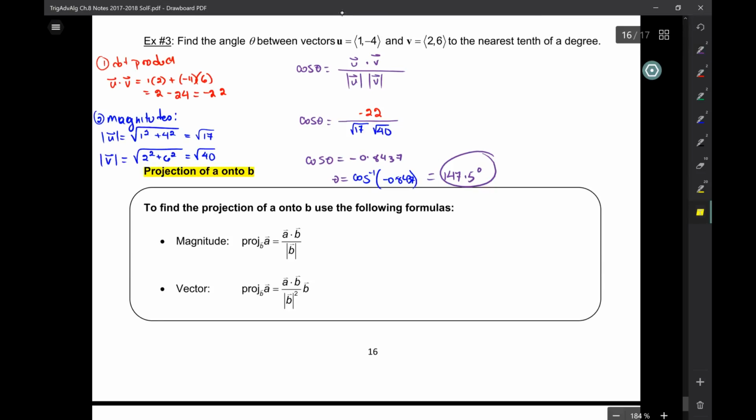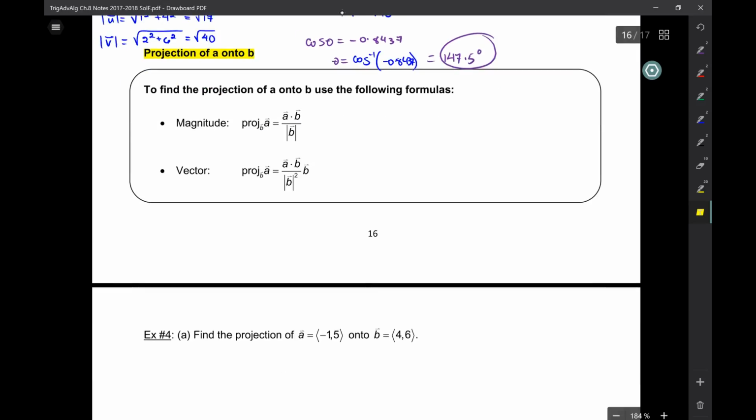Now, how do you find the projection? Remember, the projection is like casting a shadow, as if you hold a light. How do you find the actual shadow as a vector? To find the projection there are two pieces. The magnitude is this formula here, and then there's the actual vector form.